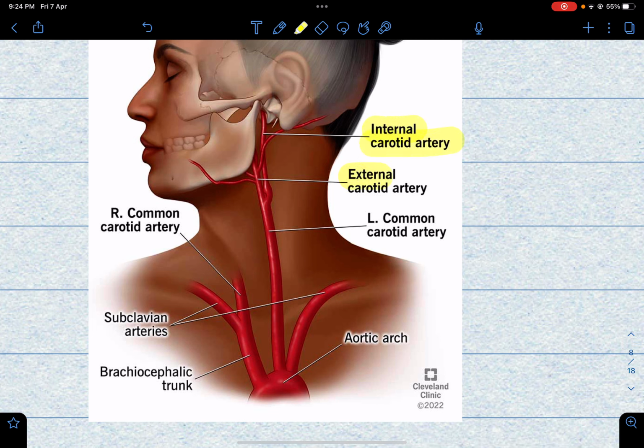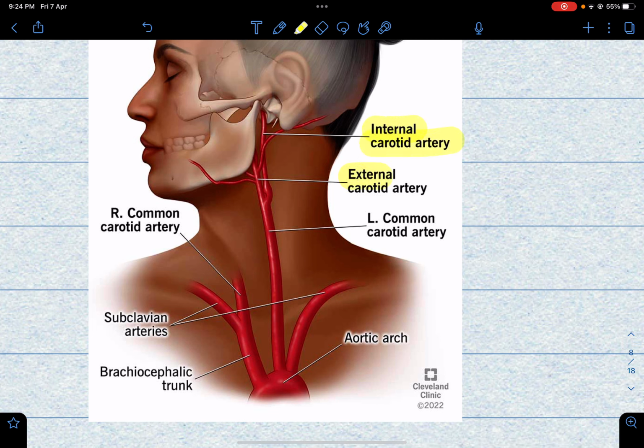This is the submandibular. This is the anterior belly of the digastric, posterior belly of the digastric, and the hyoid bone, and yeah, that's all.